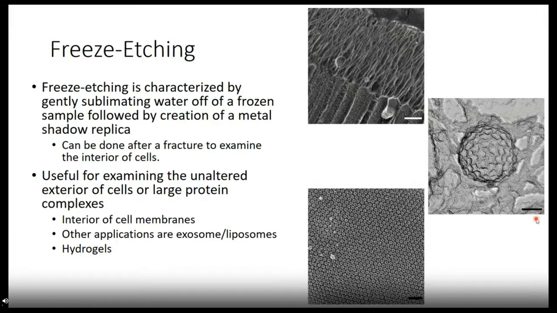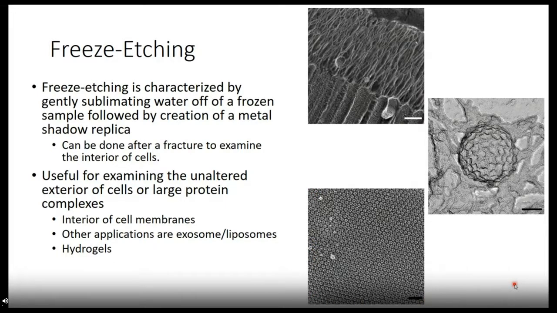What we're looking at here is actually the inside of the membrane from the cell perspective. This is a clathrin-coated pit visualized from the inside. And down here, this is the luminal surface of bladder epithelium showing a crystalline protein array that exists on the surface called uroplakin proteins.